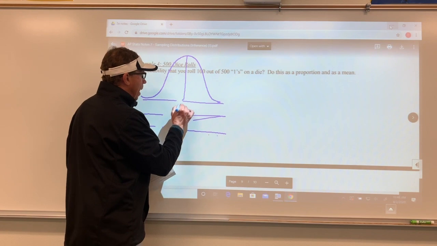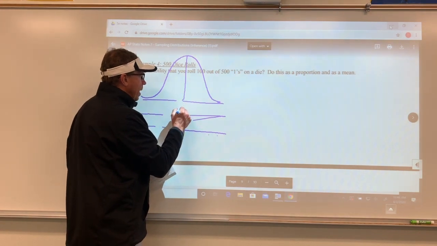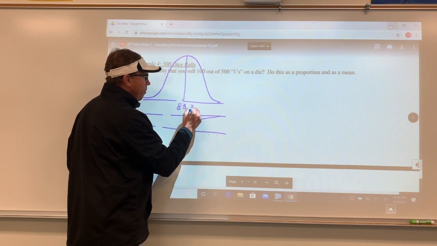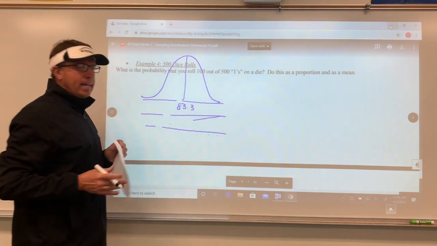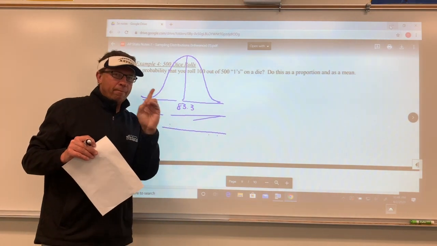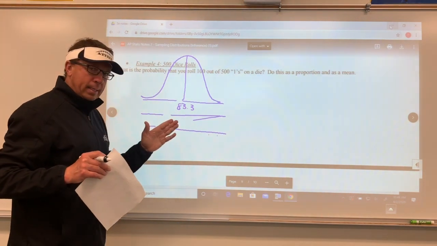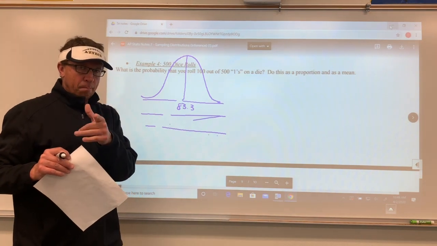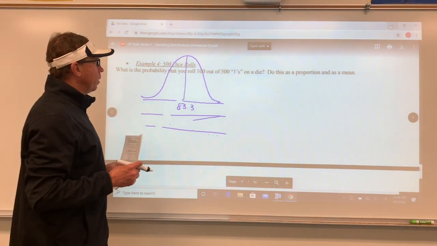Well, that is about 83.3. About 83.3 ones are expected per 500 rolls, which is 1/6 of 500. Multiply that in your calculator and you'll see that.